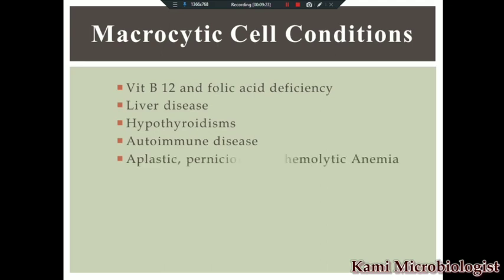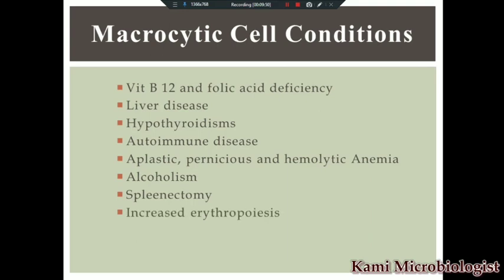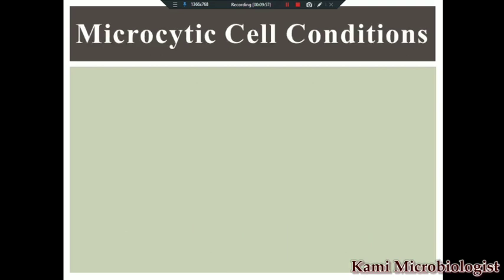Autoimmune disease, aplastic, pernicious and hemolytic anemia. These are the three types of anemia due to which the cell size becomes larger. We have alcoholism, when the person is drinking alcohol, in this case their RBC size is also larger. Splenectomy means the removal of the spleen. Then we have increased erythropoiesis. When there is a large amount of erythropoiesis, obviously in this case we have macrocytic cells also.